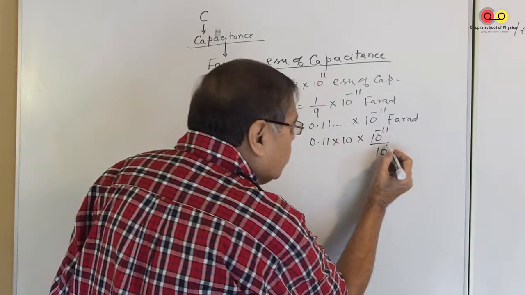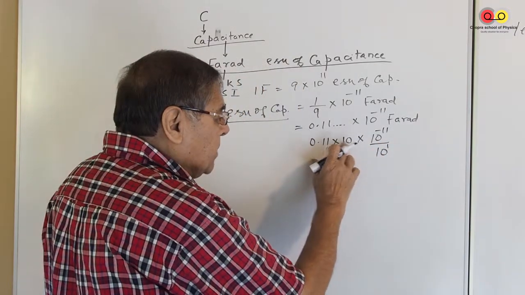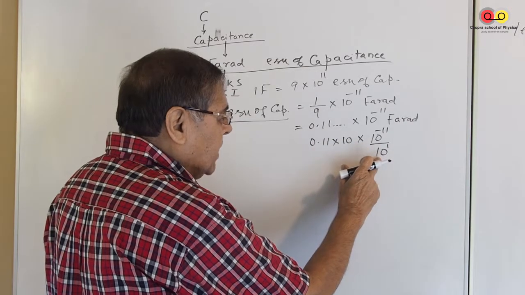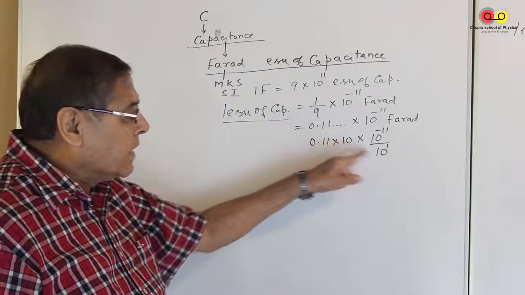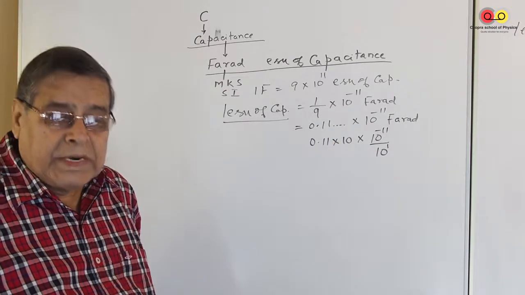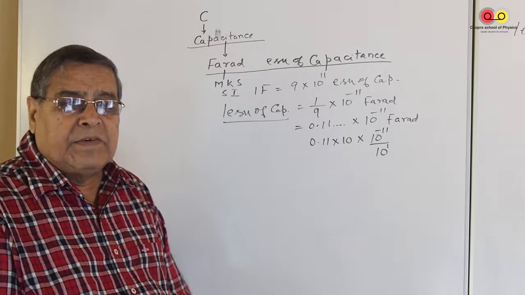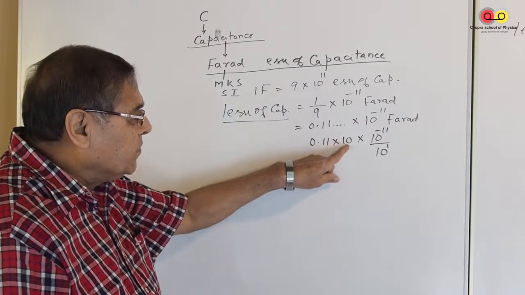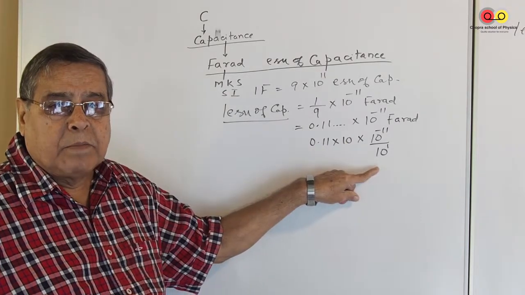If we multiply by 10 and divide by 10, it means we have not done anything, because 10 can cancel with 10. But in order to convert to a significant digit, it is very important. The number which we have taken for multiplication, the same number we must take for division.